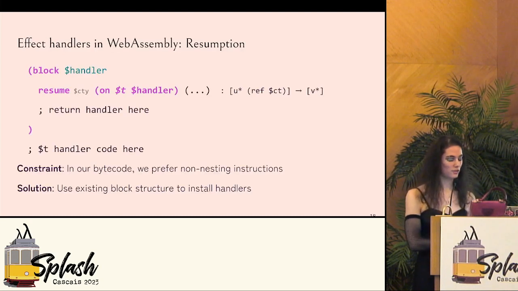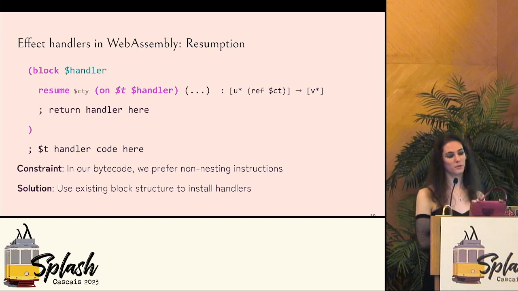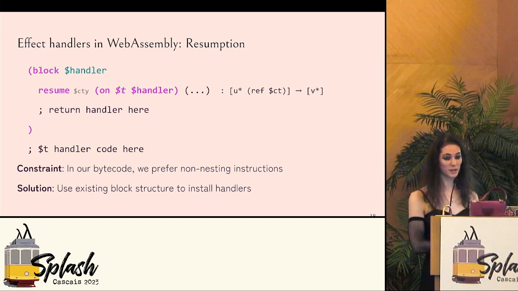So I'll go into the 2 most interesting instructions in a little bit more detail. This resume instruction is syntactically a little bit weird. In a bytecode, we prefer non-nesting instructions for a number of reasons. And so rather than include blocks within resume, we associate tags or operations with labels, and those labels represent our handlers.